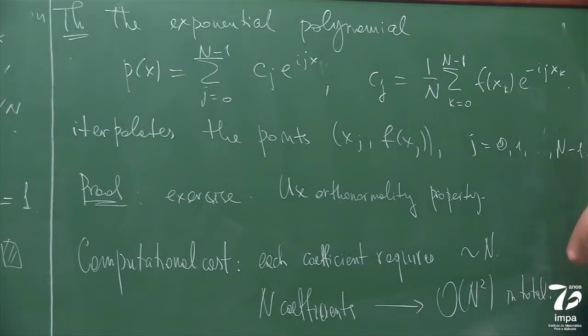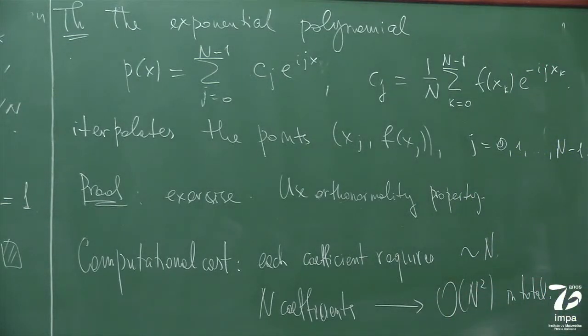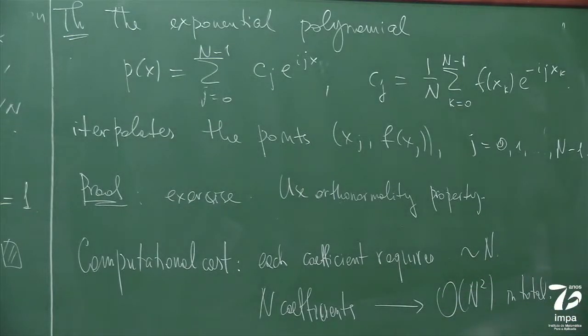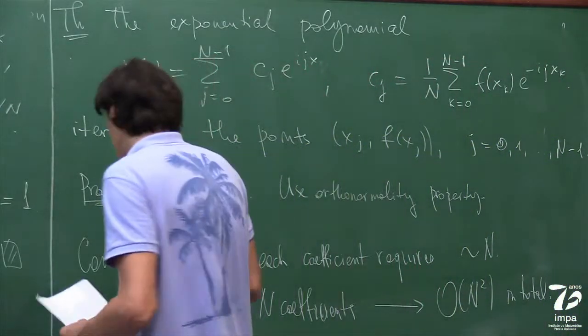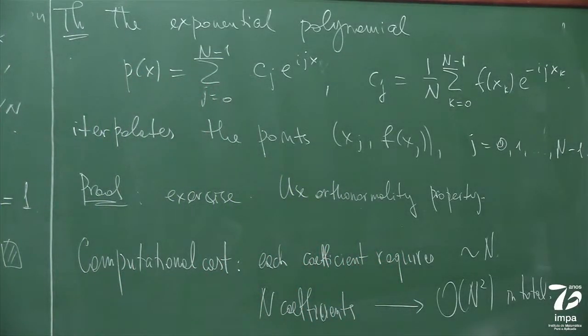And this is bad, because if n, for example, is 1 million, it means that it will be 10 to the power 12 operations to do this, and it's impossible. I mean, it's already very hard computation. So that's why there is a method which is used, and essentially because of this method, this Fourier approximation is so practical, which is called the fast Fourier transform.